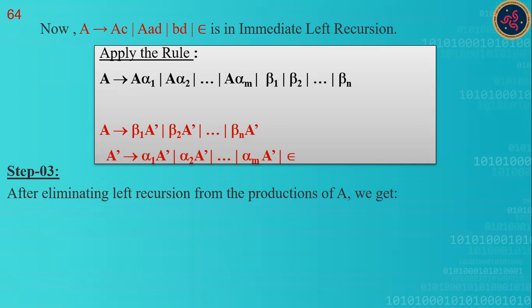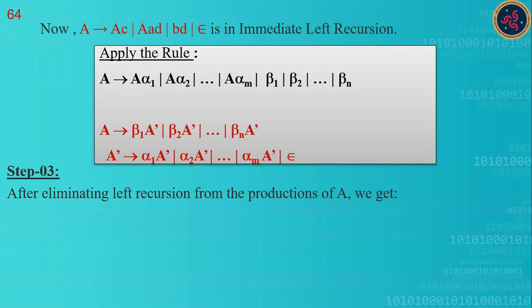So now we have to consider epsilon also as a beta. Epsilon dot A prime: epsilon is the empty string, so we can have a single A prime. So the first value will be B D A prime and the second value will be A prime also.